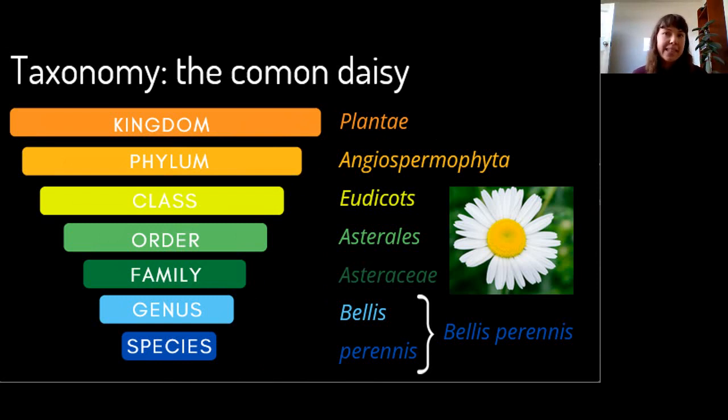So let's use the common daisy as an example. We all know that, of course, it's in the kingdom Plantae, the plants. And next, there are 4 phylum which split the plants up into conifers, ferns, mosses, and flowering plants. And we have a daisy here. We have quite clearly a flowering plant, also called an angiosperm. And all plants and trees with flowers are angiosperms.